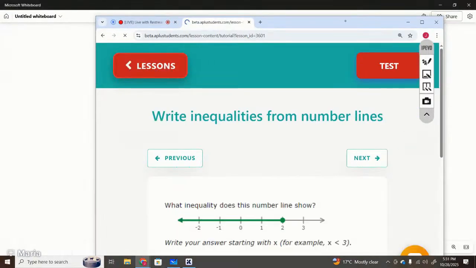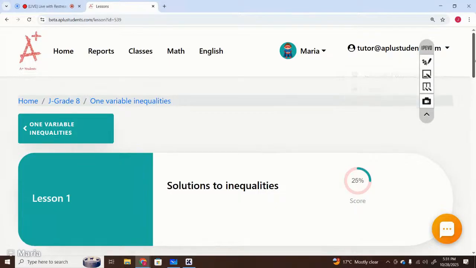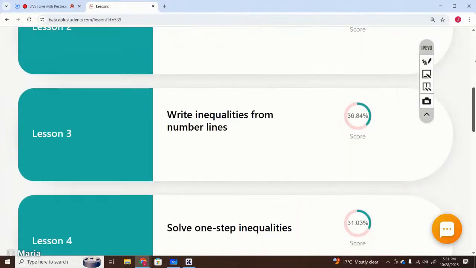The next lesson is one step inequalities.